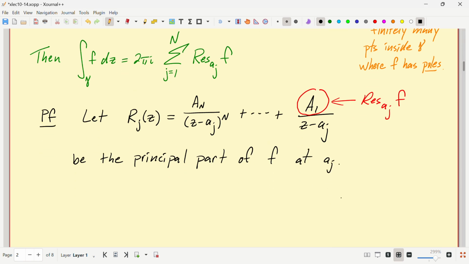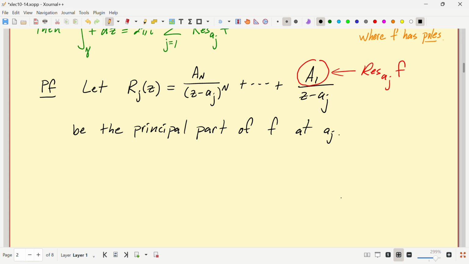Then we saw this when we did the partial fractions proof using Liouville's theorem. If I subtract all the principal parts, so f of z minus the sum of the principal parts, it's actually analytic inside; it has removable singularities.